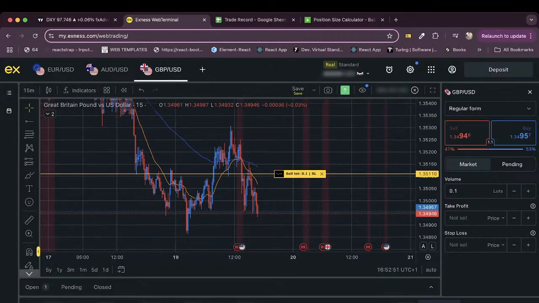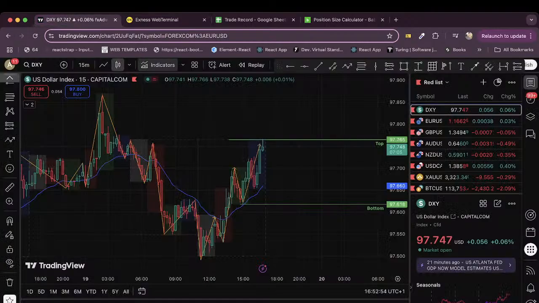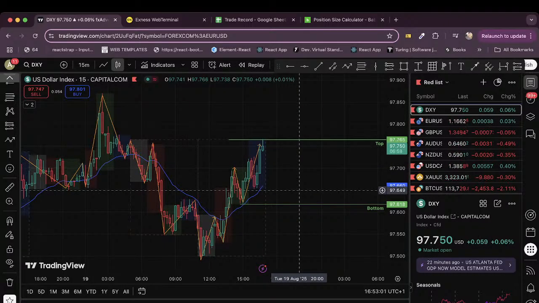It's been fun for me, and I hope it was fun for you guys. You saw how we entered, how we managed it, how we looked at the DXY, what level we hoped they should break, the level we hoped they should not break, and how we came up with the decisions we made while in the market.